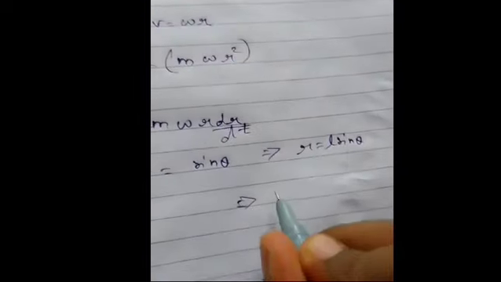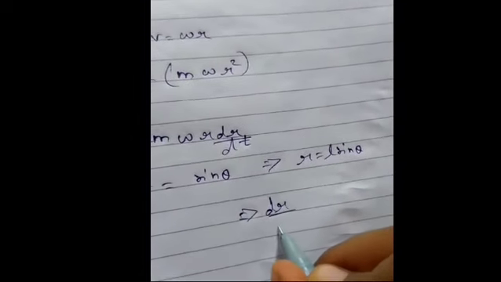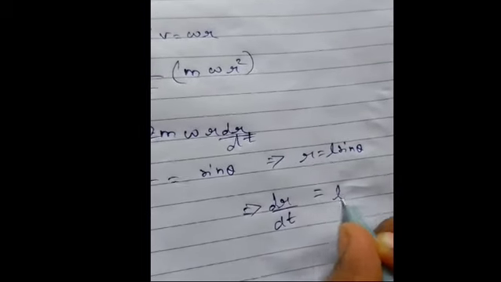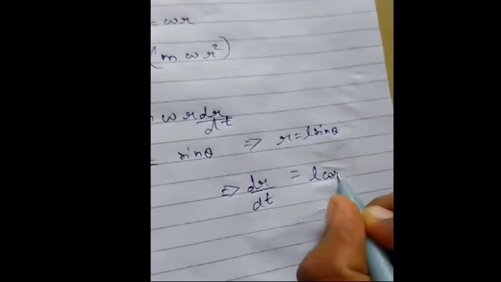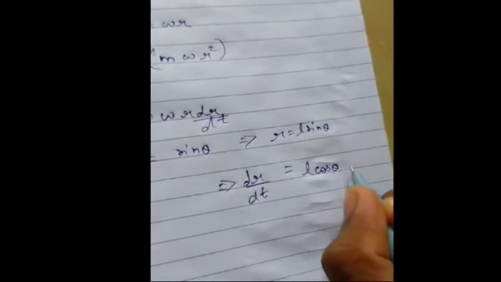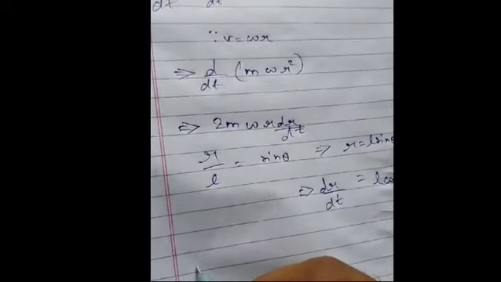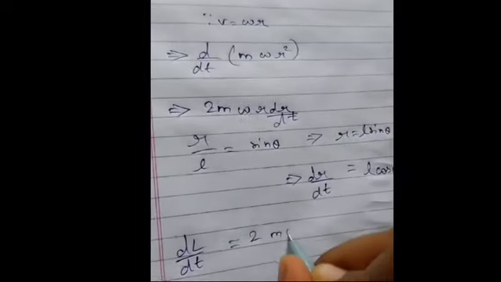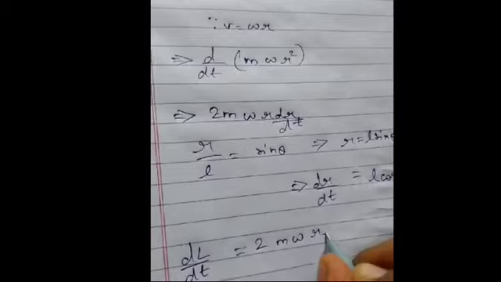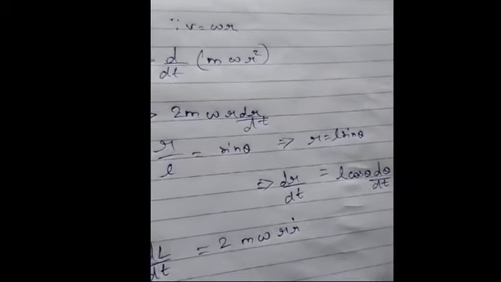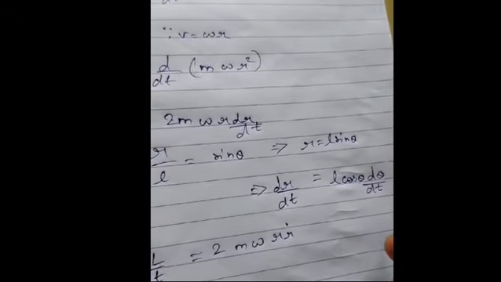We can write it as dr by dt is equal to L, which is a constant, cos theta, and as we differentiate theta with respect to time, we have the equation dL by dt as 2m omega r into r dot. r dot is nothing but differentiation of r with respect to time t.